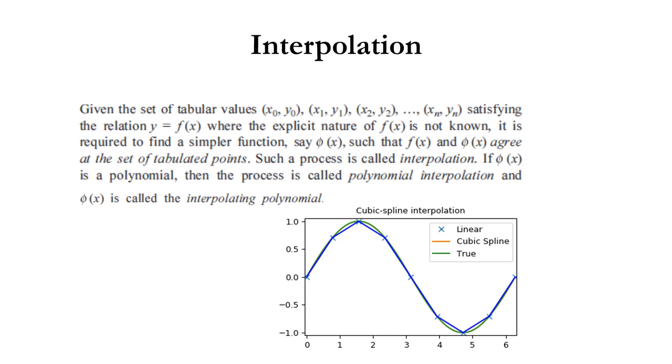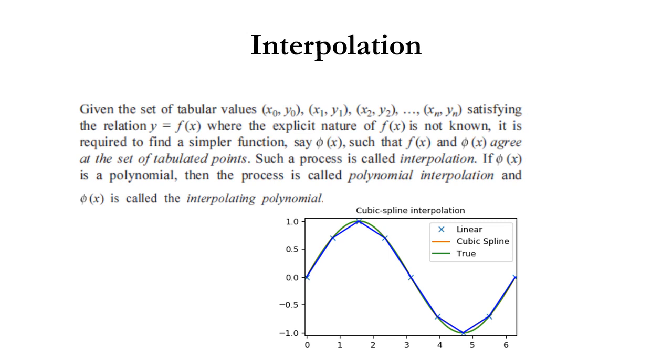So we find the f of x by some techniques, say phi of x, such that f of x and this phi of x should agree at the tabulated values. This kind of process is called interpolation.